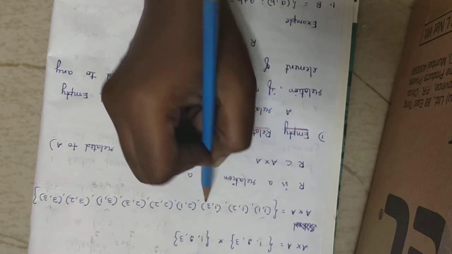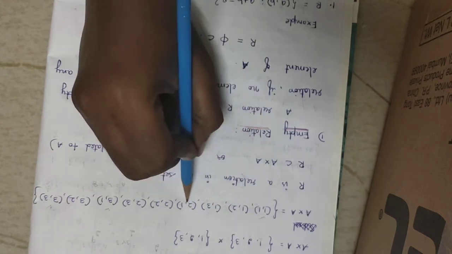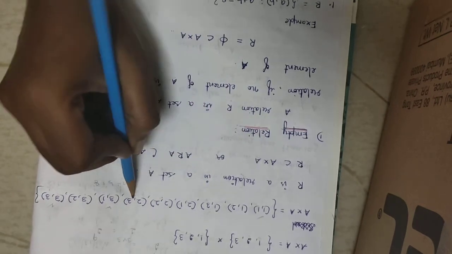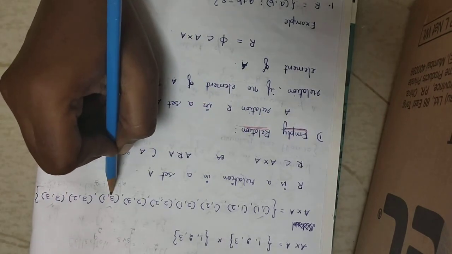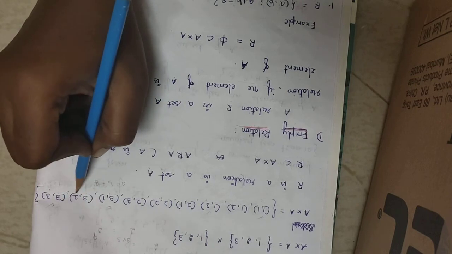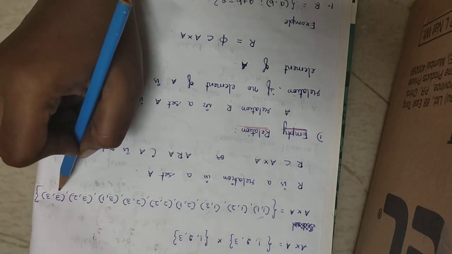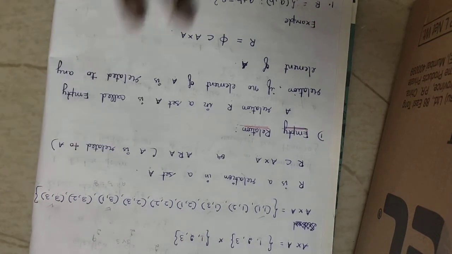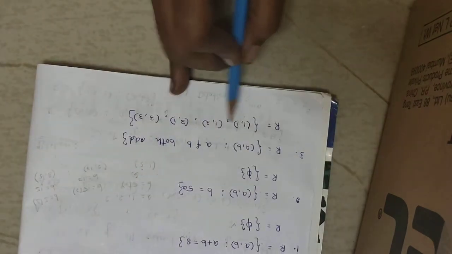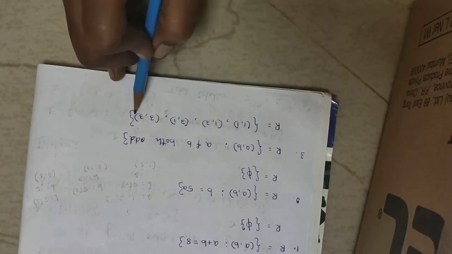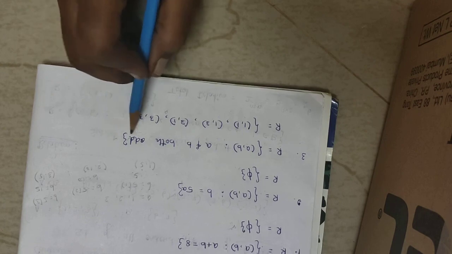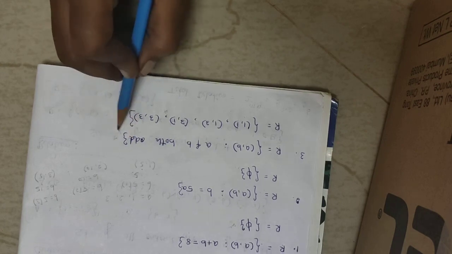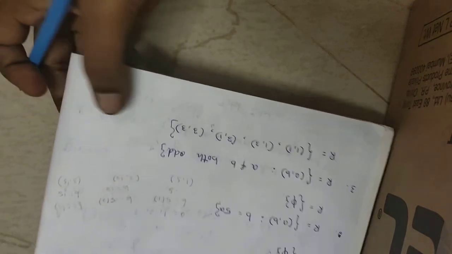The third one, 1 comma 3, both numbers are odd. This is not possible, this is not possible, this is not possible. Now see here 3 comma 1, this is possible. 3 comma 2, that is not possible. 3 comma 3, this is odd. Now see here, I have 4 ordered pairs satisfying the given condition. Therefore this is not an empty relation.